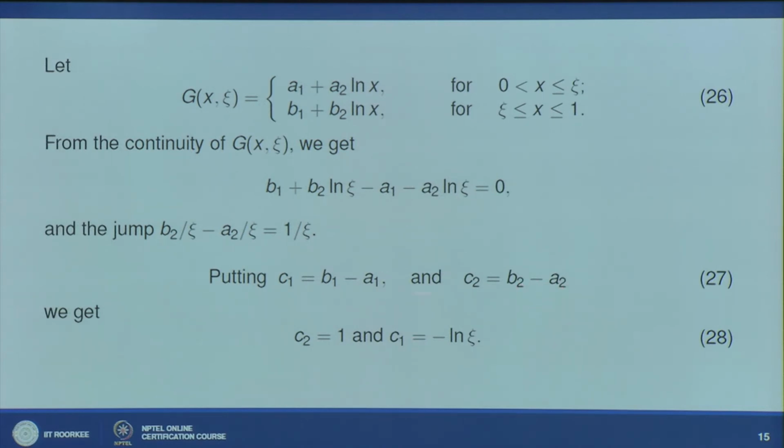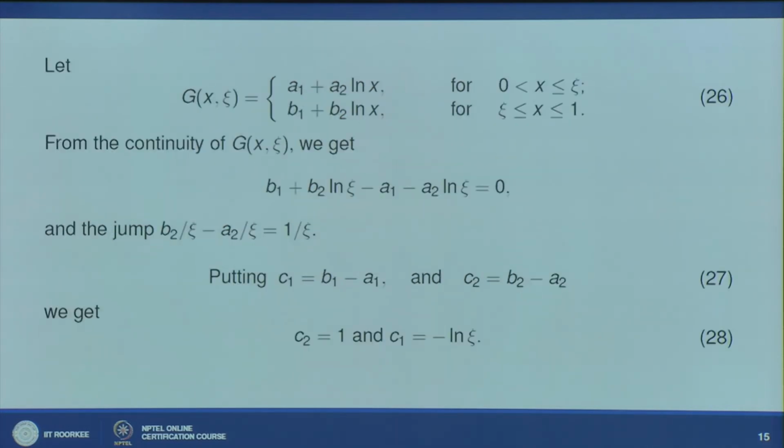If you use this notation, then this condition is reduced to C1 plus C2 ln xi equal to 0, and here it is C2 by xi equal to 1 by xi. So C2 is coming out to be 1 and C1 is minus ln xi.